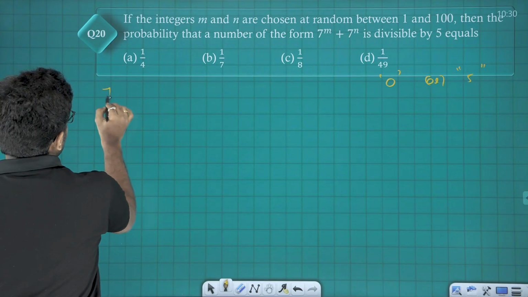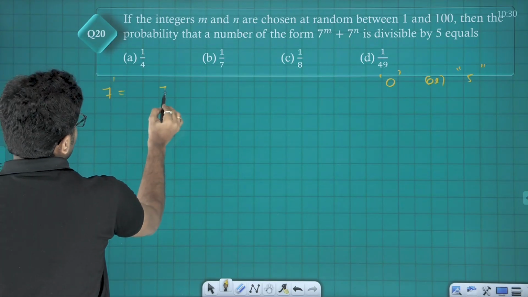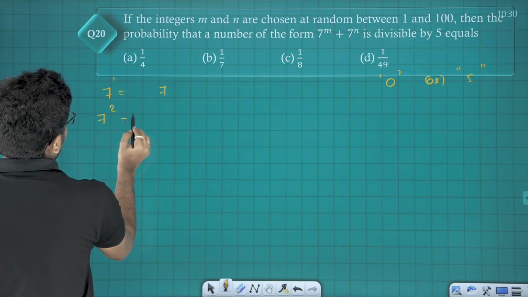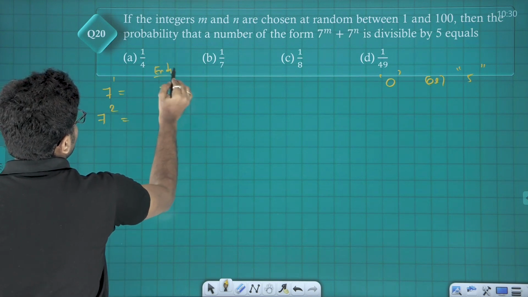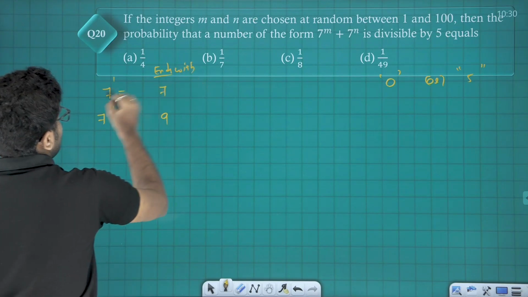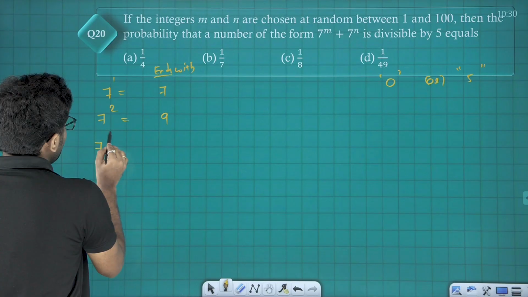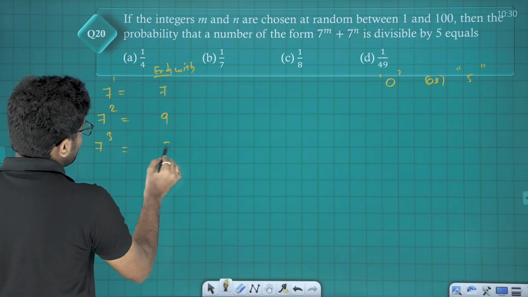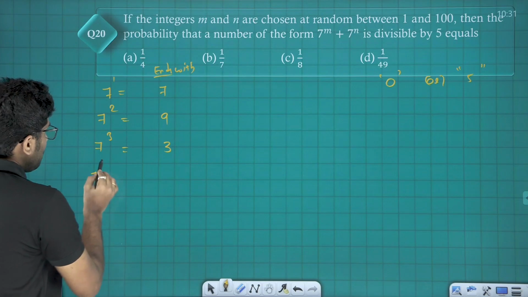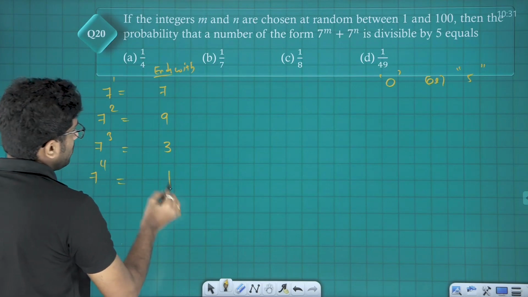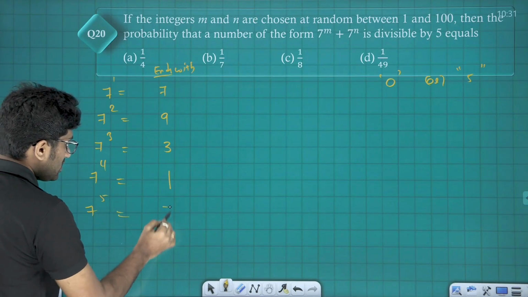Now see, 7 power 1 ends with 7, 7 square is 49 which ends with 9, 7 cube, 9 sevens are 63, ends with 3, 7 power 4, 3 sevens are 21, ends with 1, and 7 power 5 ends with 7 again.